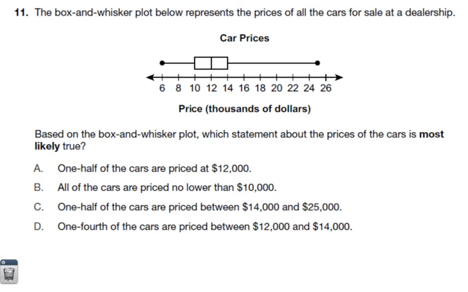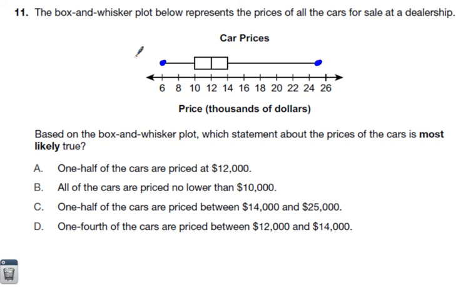The box and whisker plot is talking about the price of cars. So based on the box and whisker plot, where we know our lowest price and our highest price, and the median and the lower median and the upper median are all given, which one is most likely true?